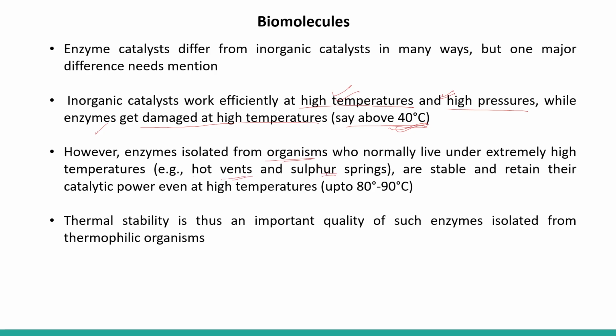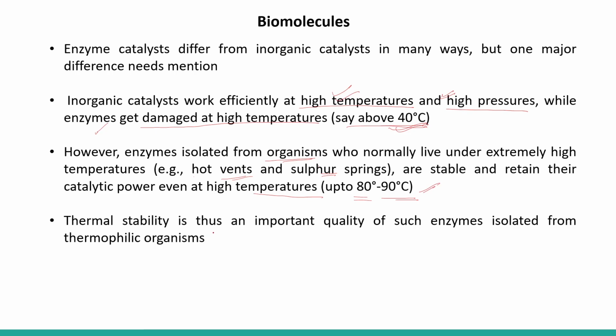These are very adverse environments in which certain bacteria live, and these bacteria have some enzymes and proteins that withstand such high temperatures. They are stable and retain their catalytic power even at high temperatures up to 80 to 90 degrees centigrade. Low as well as high, both.